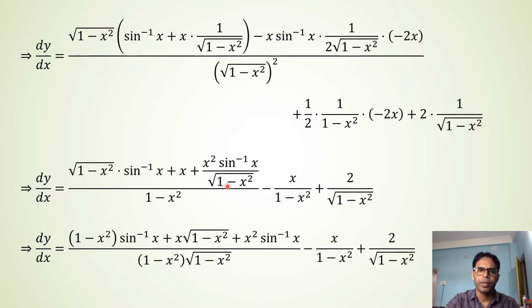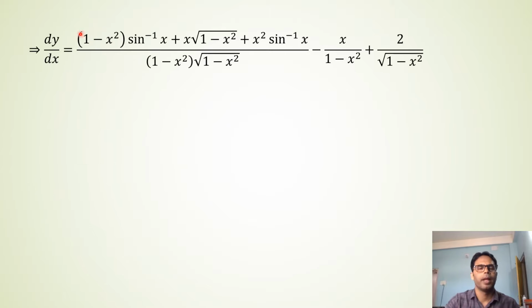So if you take the LCM, then root 1 minus x square into root 1 minus x square will give us simply 1 minus x square into sine inverse x, which is already here, then plus x into this root over 1 minus x square, then plus this term, x square minus x square into sine inverse x, and then this root over 1 minus x square is going to the denominator, as this minus term remains the same, this term remains the same, and you see this term is whole to the power 1 and this is whole to the power half, by combining these two you will get whole to the power 3 by 2 only, and also complete this product, it is minus x square sine inverse x, here positive x square sine inverse x will cancel out, so we have sine inverse x plus x root over this term will remain in this term, and these two terms will remain the same.